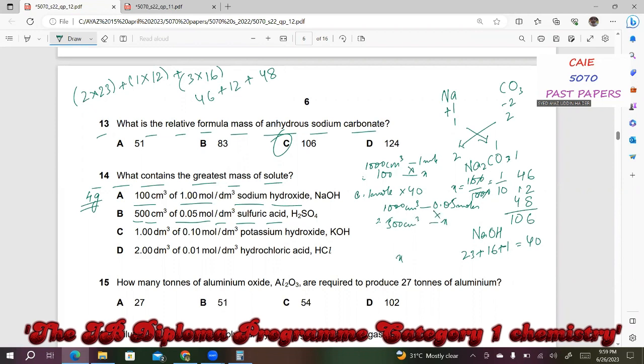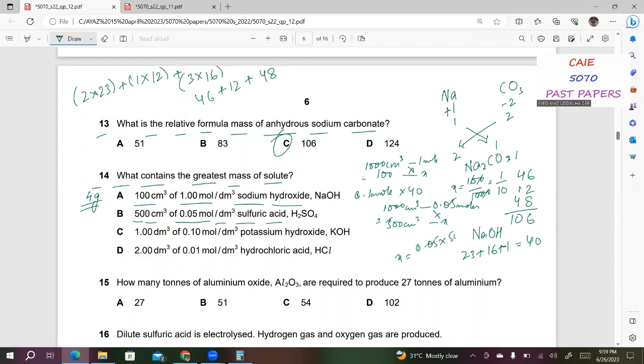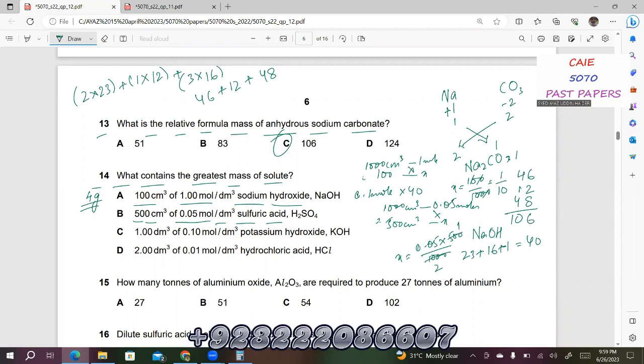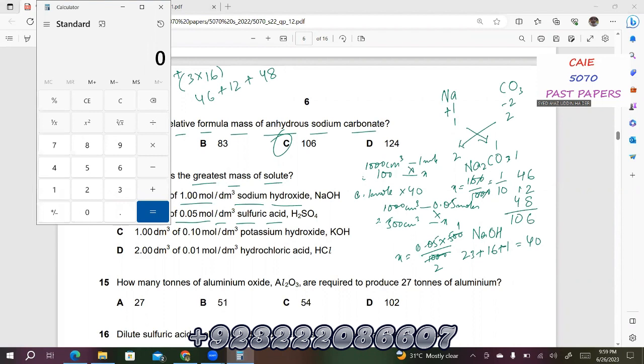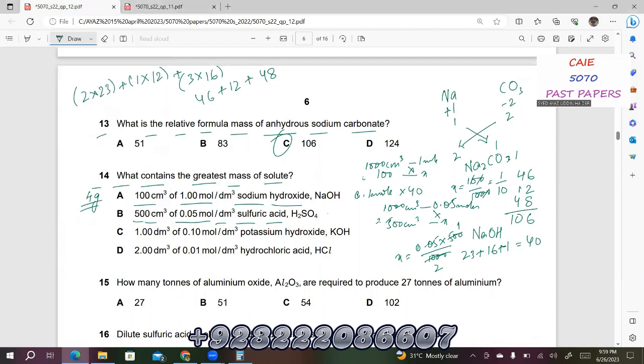So x is equal to 0.05 multiplied by 500 divided by 1000. This is 1 divided by 2. So 0.05 multiplied by 0.5, 0.025 moles of sulfuric acid.